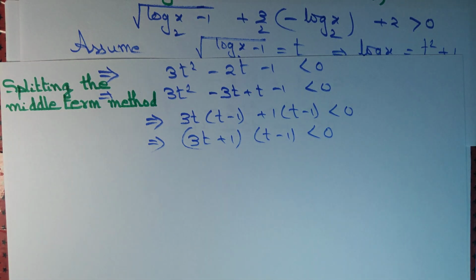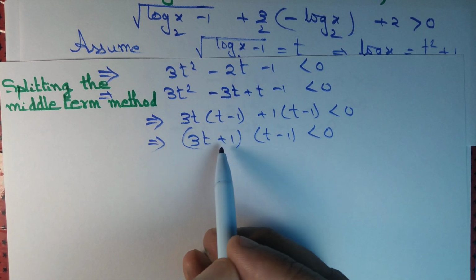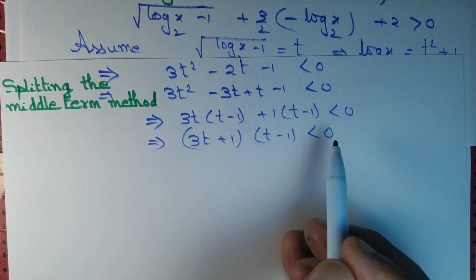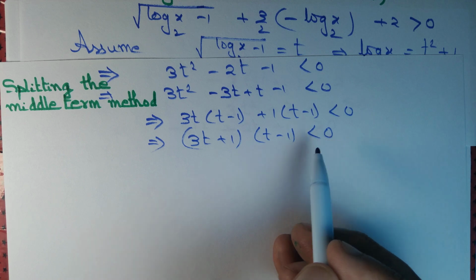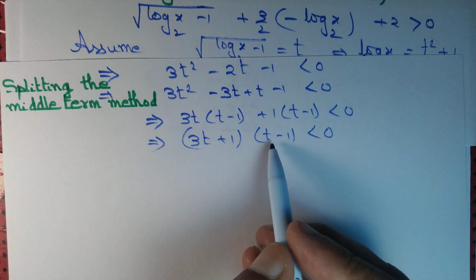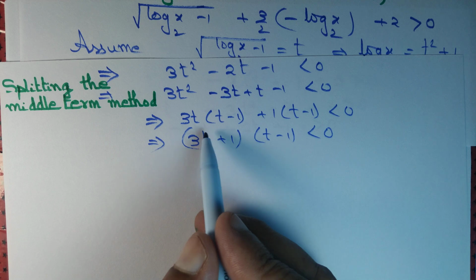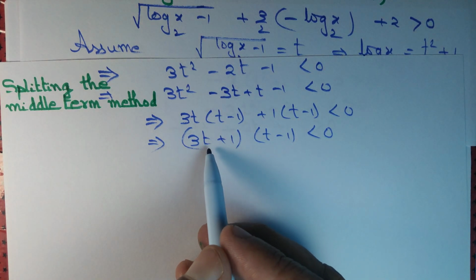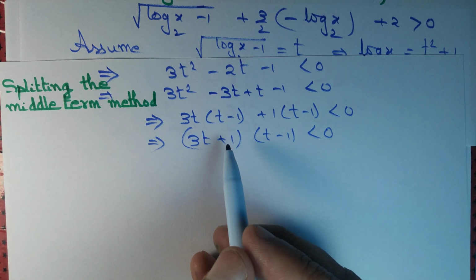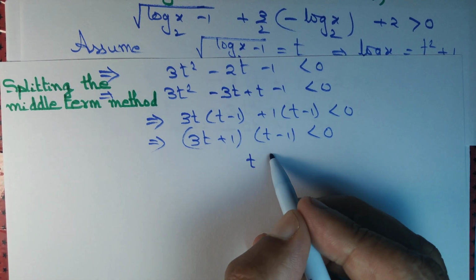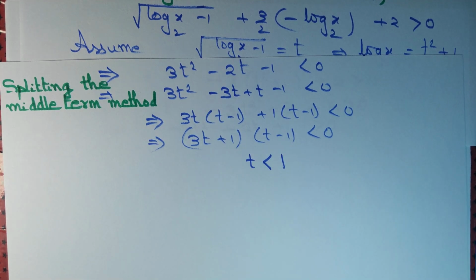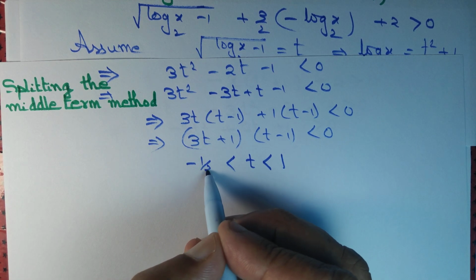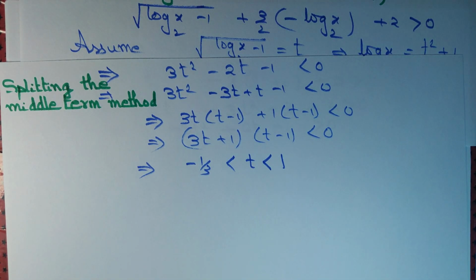If I take t less than minus 1/3, then this quantity is negative, and this is also negative. Negative into negative is positive, but we need less than 0, so not possible. Further, if I take t greater than 1, then this is positive and this one is also positive, so that is also not possible. So t has to be less than 1, and t has to be greater than minus 1/3. That is the only possibility.